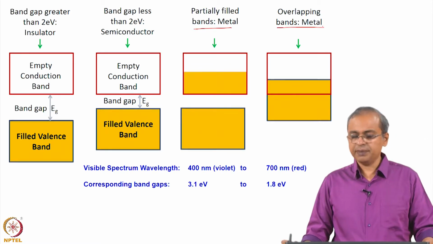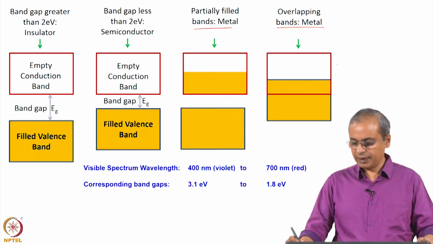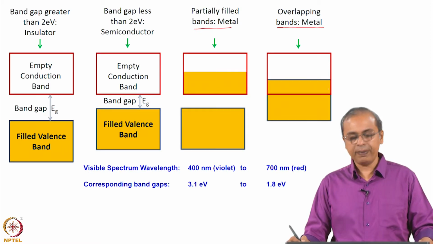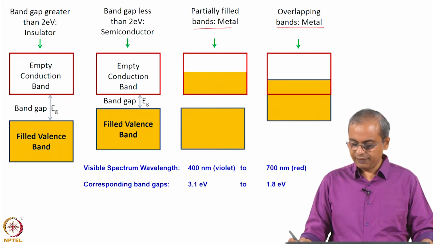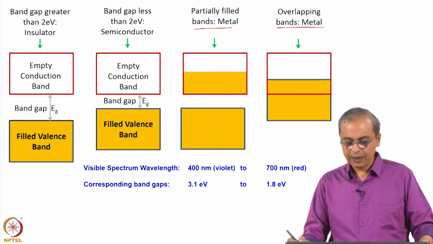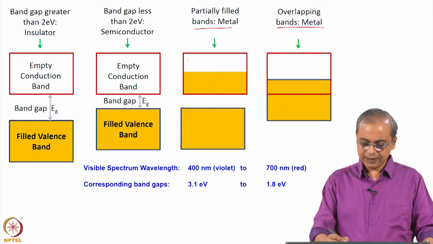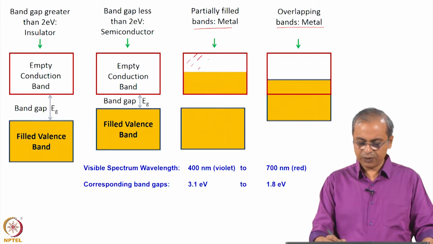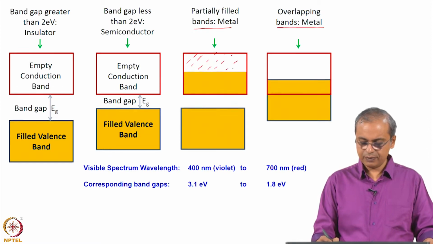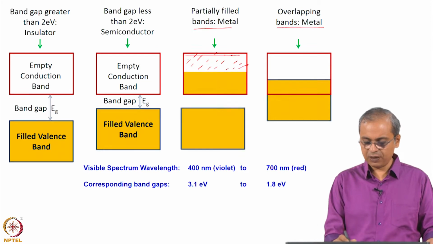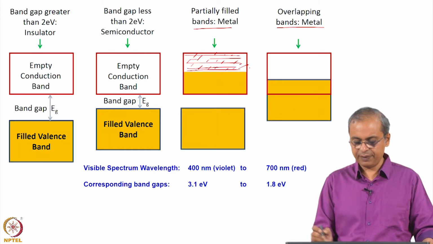In a metallic system, the band structure is such that either you have 2 bands that are overlapping, in other words, the valence band and the conduction band are overlapping, or you have a partially filled band, in which case within the same band you have all these empty levels out here. So, this consists of energy levels that are all available and empty, right.